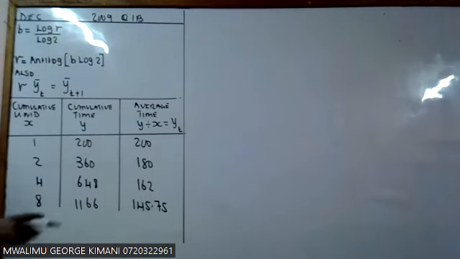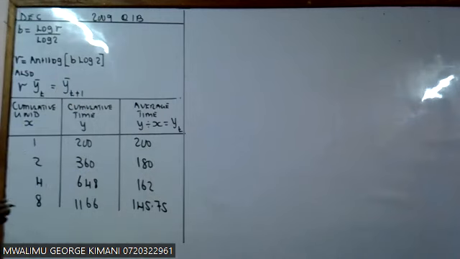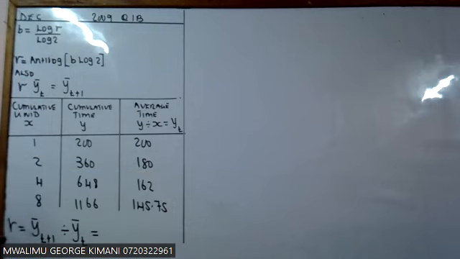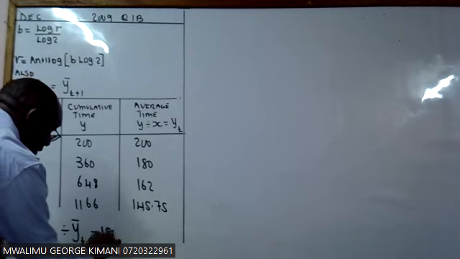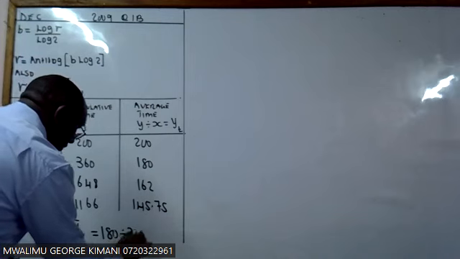So, as I said earlier, you already needed these two workings. And from this formula, we will be able to say that R will be given as Y bar T plus 1 divided by Y bar T. So you take the succeeding 180 and divide by the preceding 200.